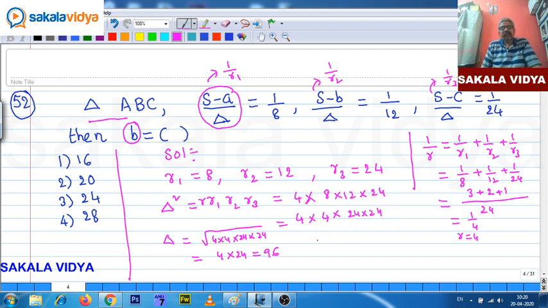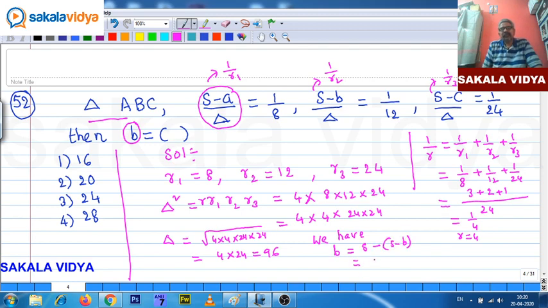I'll give the formula for B. We need to find it like this. B equals s minus b.